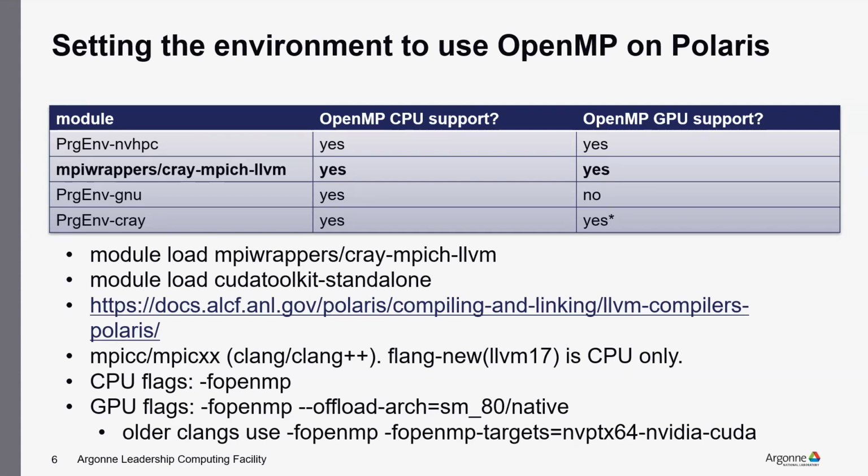If you use GNU or LLVM, just use the standalone modules. This is very similar to our daily machine. So with the CUDA toolkit standalone, because ALCF staff install that on the machine, we keep it more frequently updated. So you have more freedom to select a specific version or the latest version.